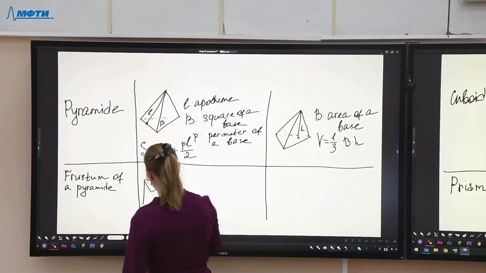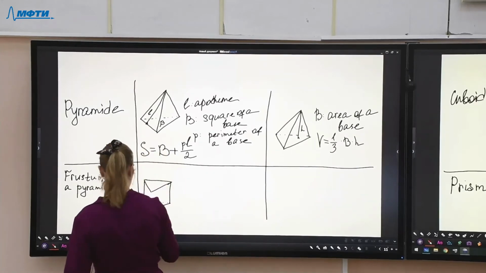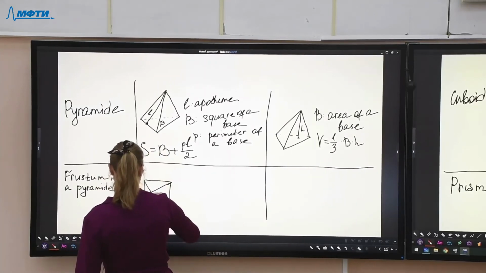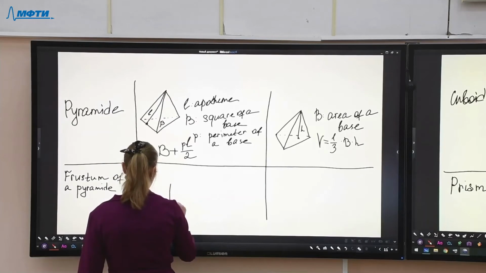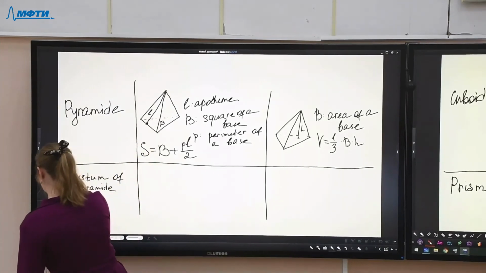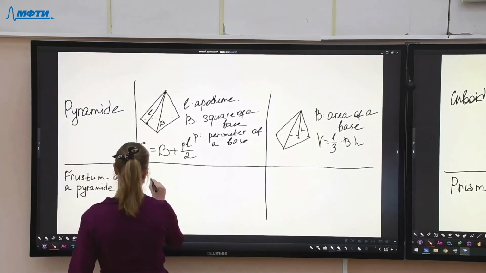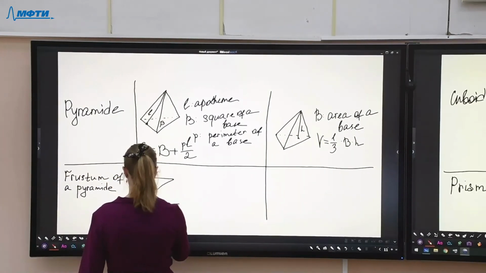For example, let it be triangular, but actually it doesn't matter. Here is a small triangle. Here the triangle is bigger.